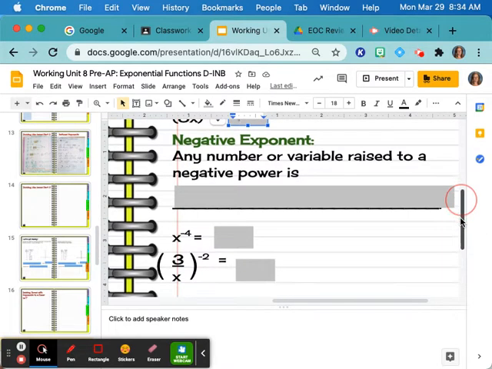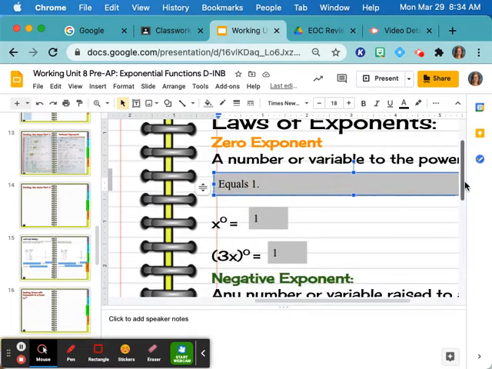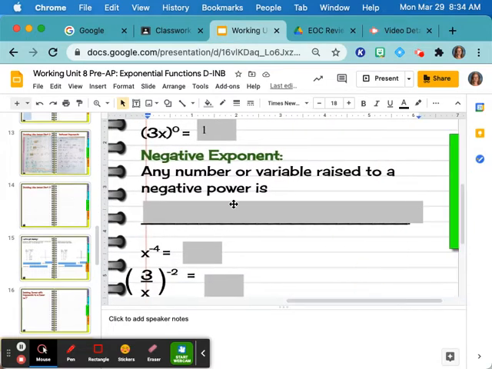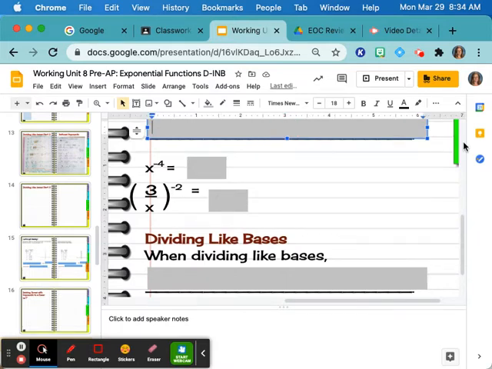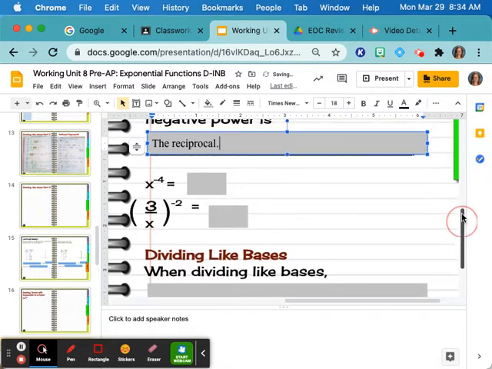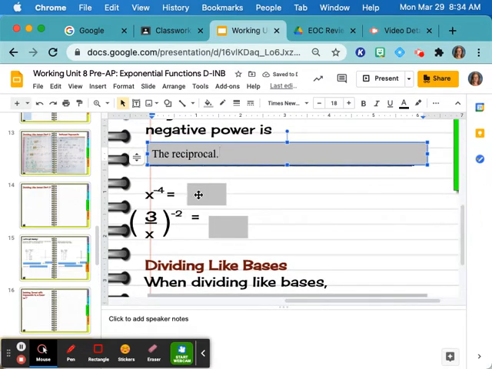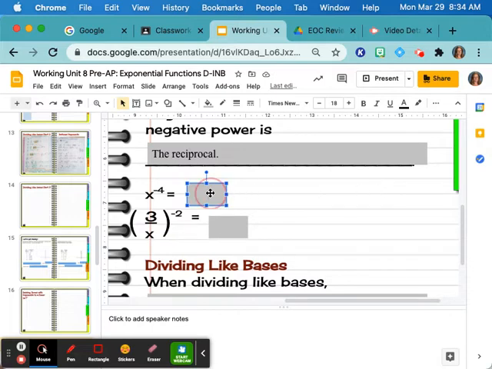Negative exponent. What do we do when we have a negative exponent? Where do we take it? Yeah, we put it to the bottom. So we do the reciprocal. So this one would be 1 over x to the 4th.